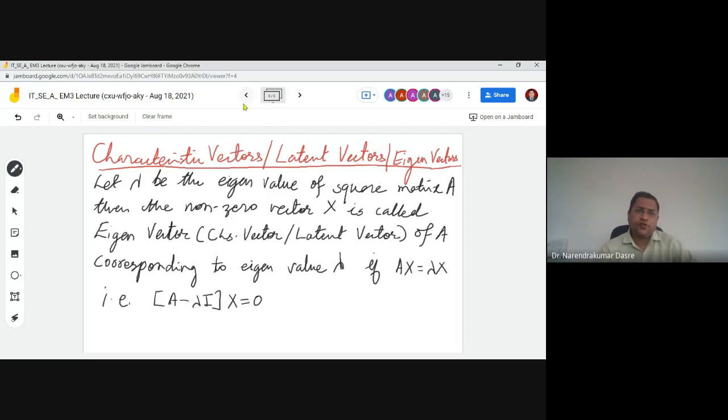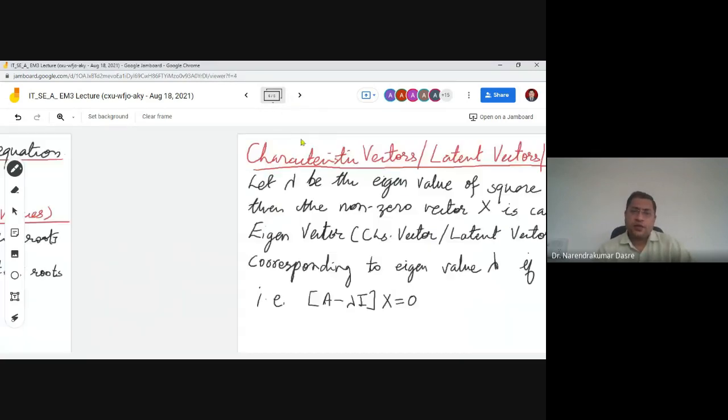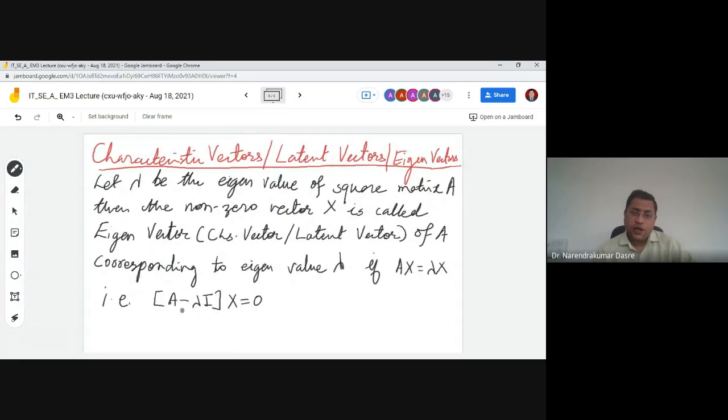So we have to be careful about the characteristic equation. The characteristic equation is determinant of A minus lambda I equal to 0, and this is the matrix equation (A minus lambda I) into x equal to 0. Here we have a matrix, there we have a determinant, so we have to be very careful about where we use the matrix and where we use the determinant.